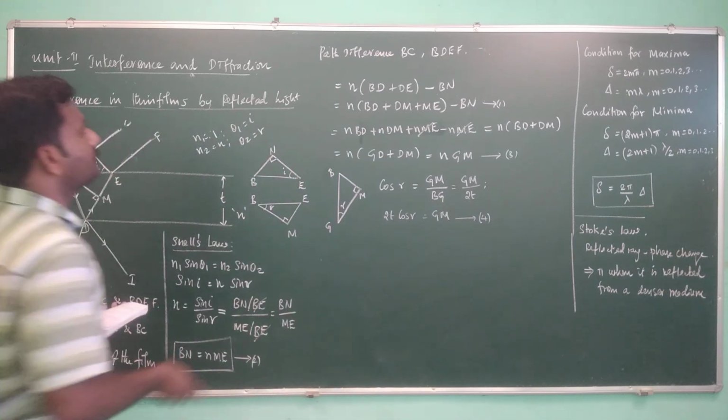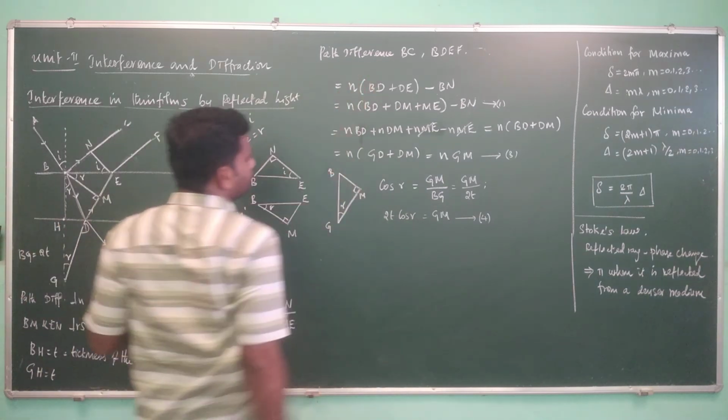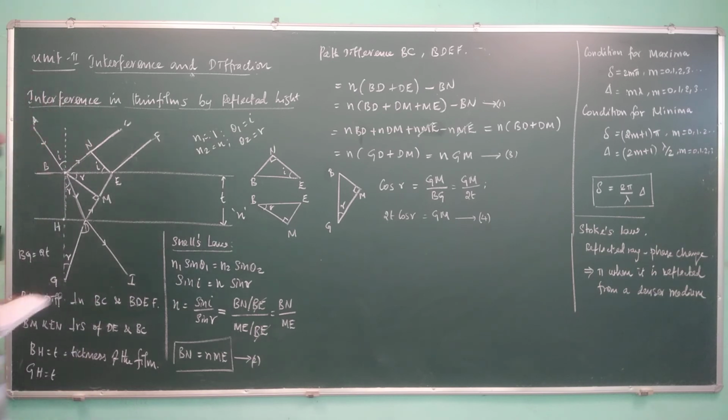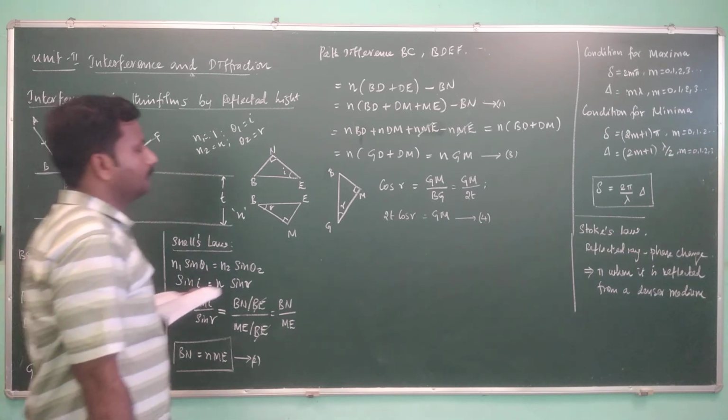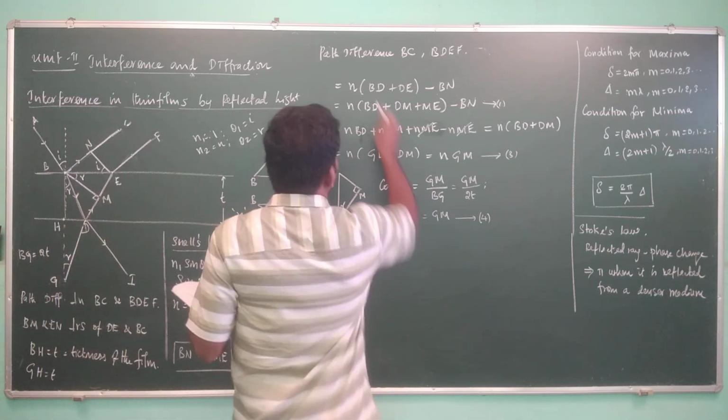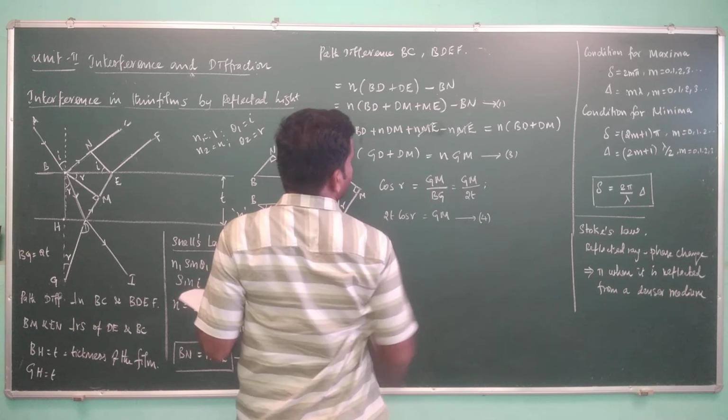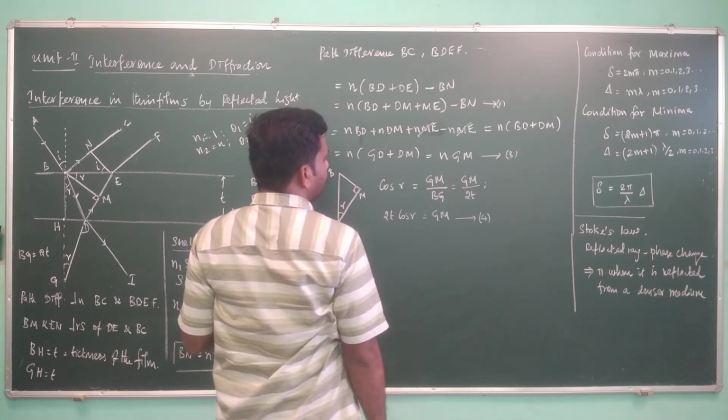Okay, so this is the path difference. Path difference is nothing but N times GM.